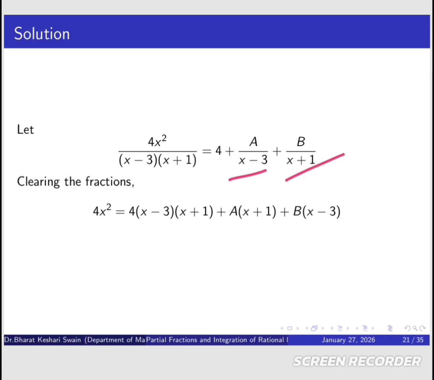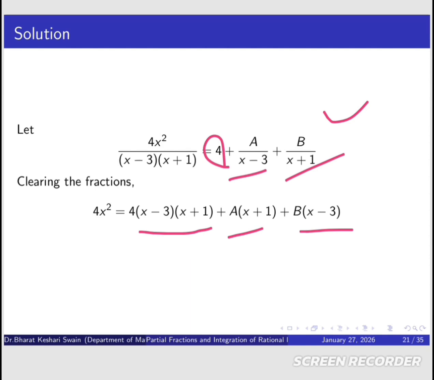So we take 4x square by x minus 3 into x plus 1 as a sum of proper fractions. 4 is a constant and a proper fraction. So now clearing the fraction, we will get 4x square is equal to 4 into x minus 3 into x plus 1, plus a into x plus 1 because it is linear, then b into x minus 3.